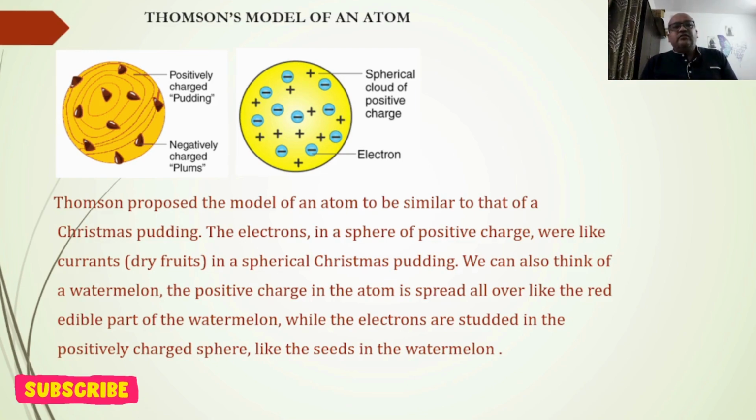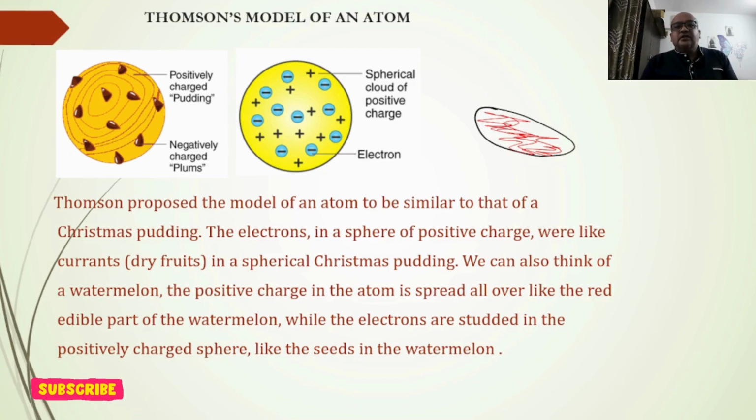You can also think of a watermelon, and you'll see that the positive charge in the atom is spread all over like the red edible part. The reddish part is nothing but my positive part, right? And the electrons are spread into it.